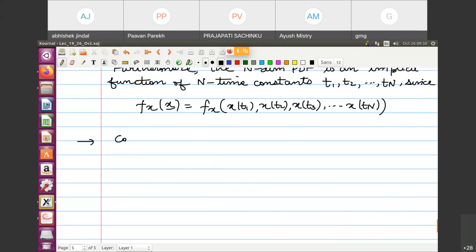This is a continuous random process, not a continuous time random process. This should be remembered.